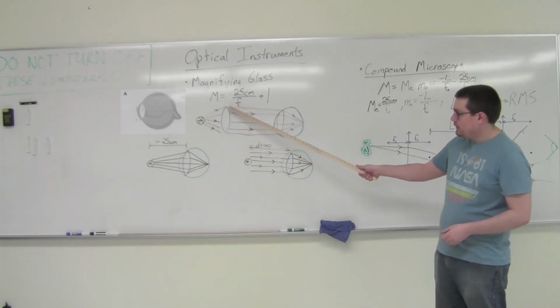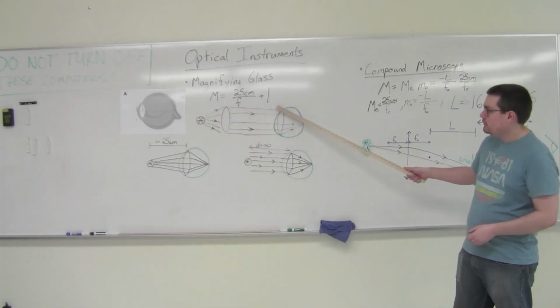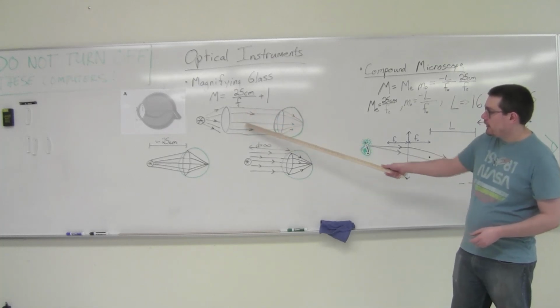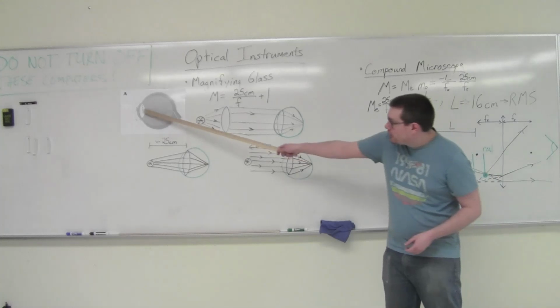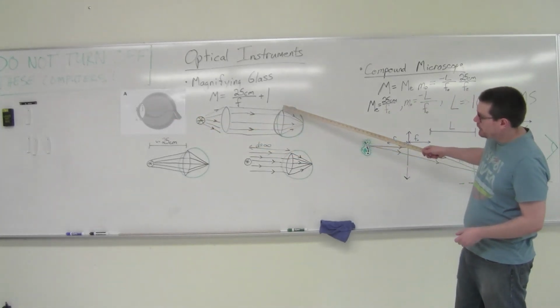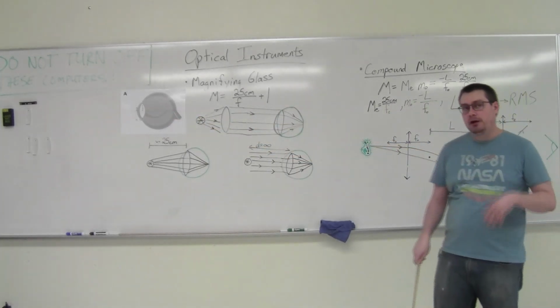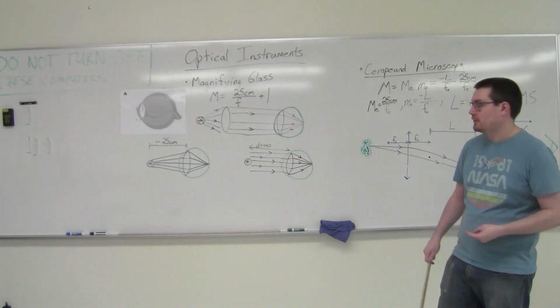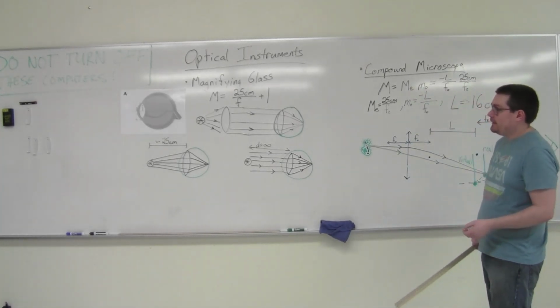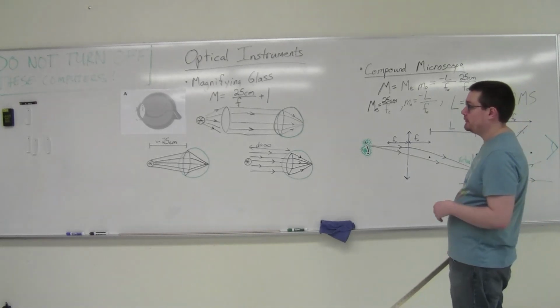The light comes out, and since it's at the focal point, it continues on parallel to the horizontal axis of your eye. A lens in your eyeball, shown over here, then refracts the light to a focus point in the back of your eye where there's lots of receptors, and your brain can make sense of what these receptors are seeing and make that into a picture in your mind.